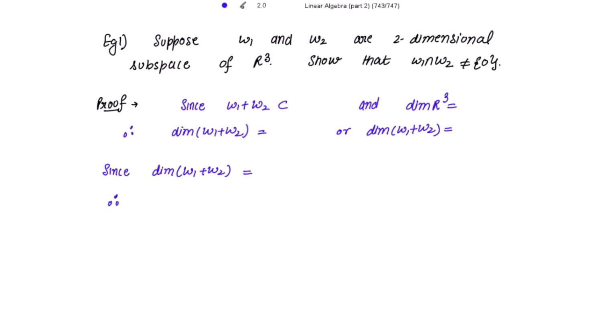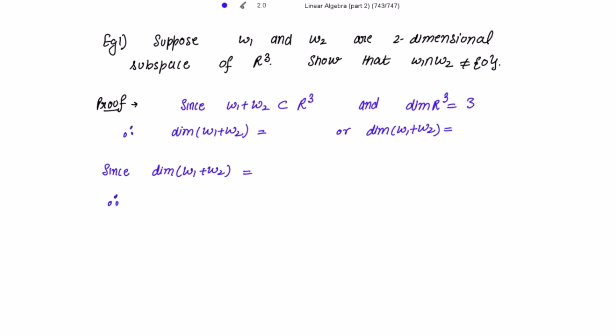Now, since the sum of the subspaces is a subset of R3, and the dimension of R3 is 3, therefore the dimension of their sum is strictly less than 2, or greater than 2, or equal to 2. What can we take? It's not given to us that these subspaces are distinct.